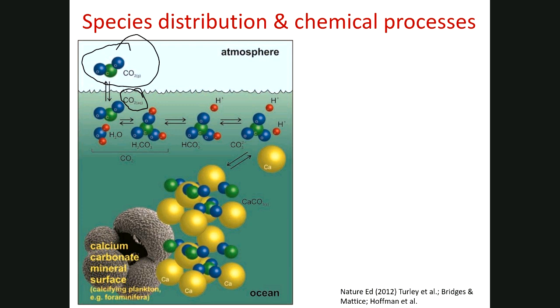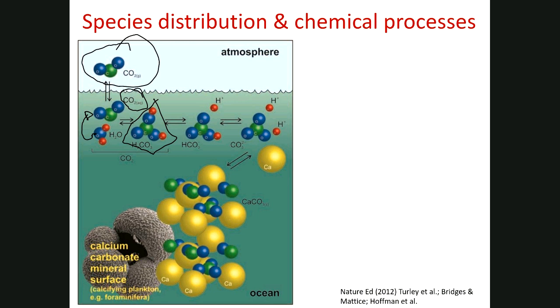Once it's in water, the CO2 can react with one molecule of water and form this compound, H2CO3. We call this carbonic acid, or some people just call it CO2 aqueous. Carbonic acid is a very weak acid.